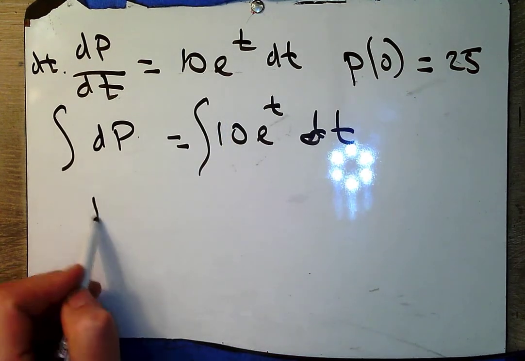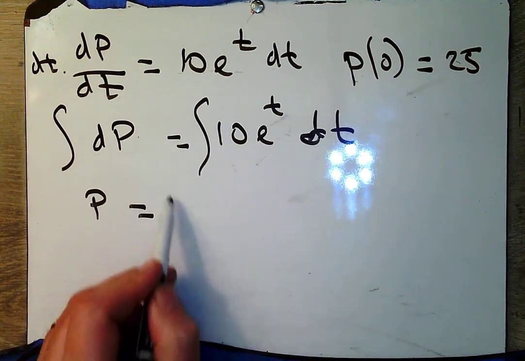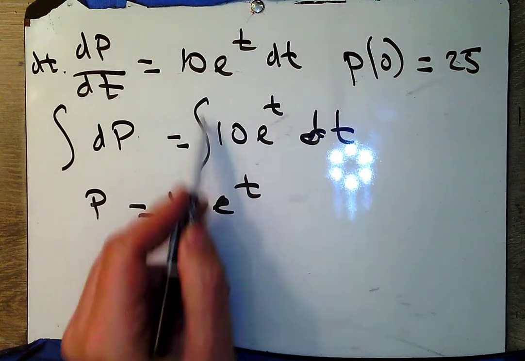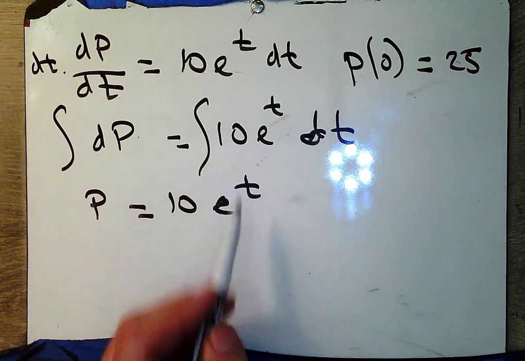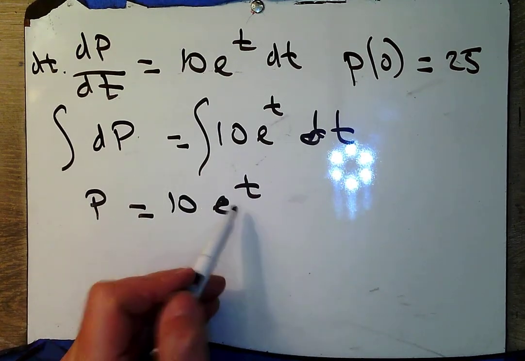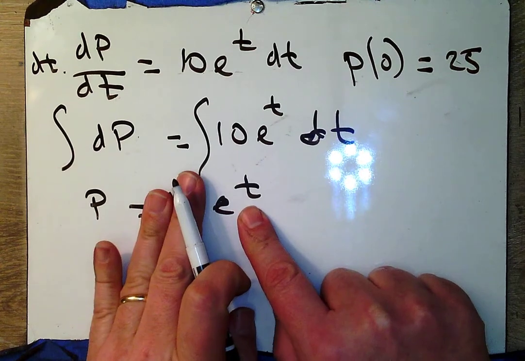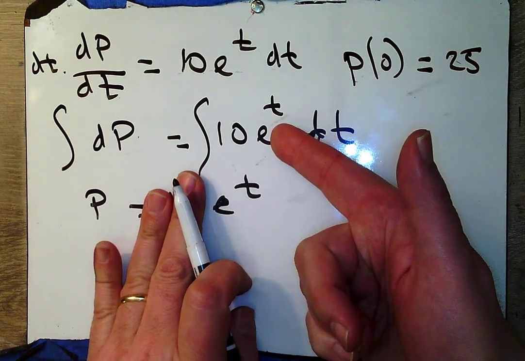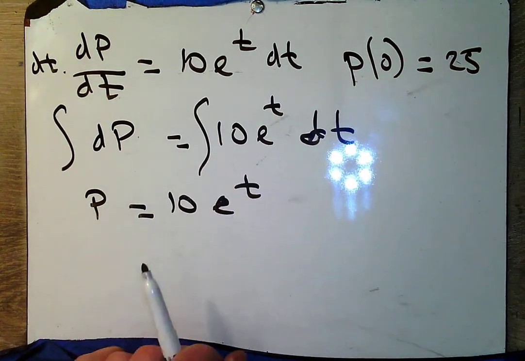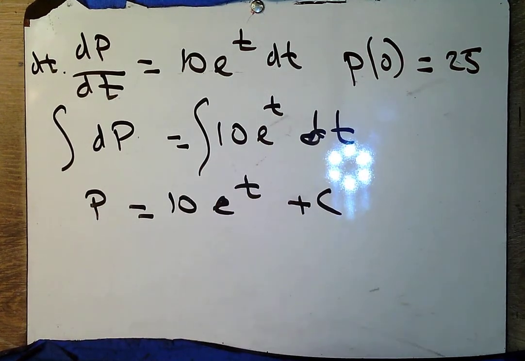Integrate both sides. P equals 10e to the t. That's right. This is someone's derivative. Whose derivative is this? It's this guy's derivative. A constant times a function. You know the derivative of e to the t is e to the t. And we're just going to take that derivative and multiply that by that same constant. Don't forget the plus c though. Okay?